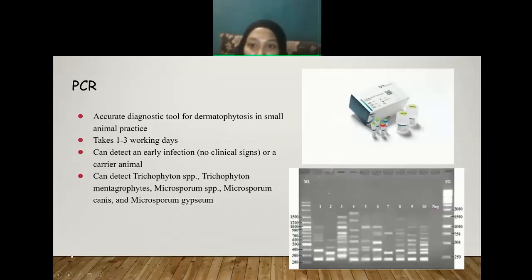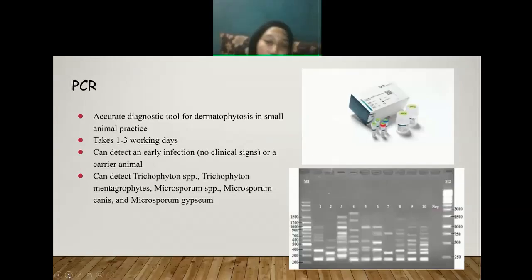It can also detect an early infection if the animal shows no clinical signs, or in a carrier animal. The PCR can detect Trichophyton species, Trichophyton mentagrophytes, Microsporum species, Microsporum canis, and Microsporum gypseum.